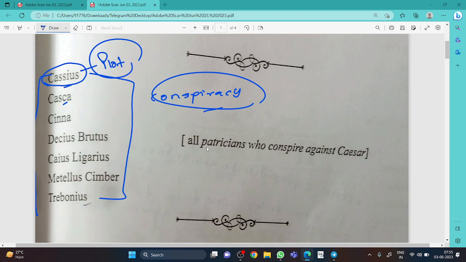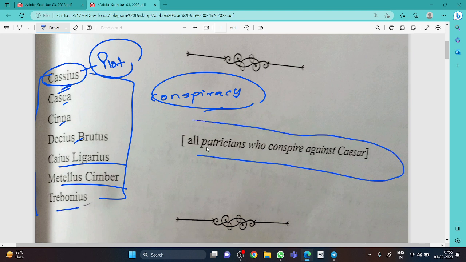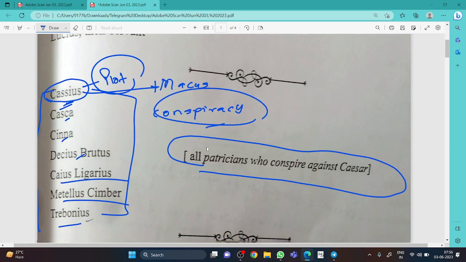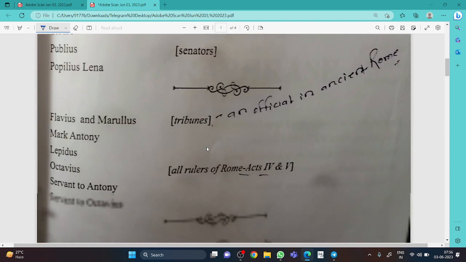And Casca supported Cassius, Cinna supported Cassius, Decius Brutus, Caius Ligarius, Metellus Cimber, and Trebonius all participated to conspire against Caesar. But Cassius got the main support from which person? That was Marcus Brutus. This you will have to remember. Marcus Brutus supported Cassius in killing Julius Caesar.